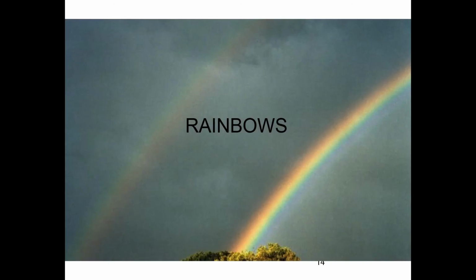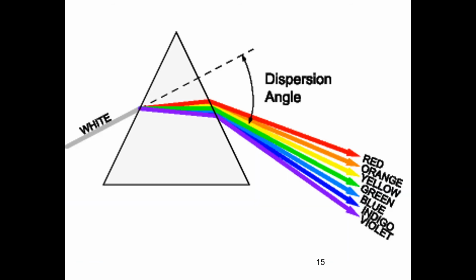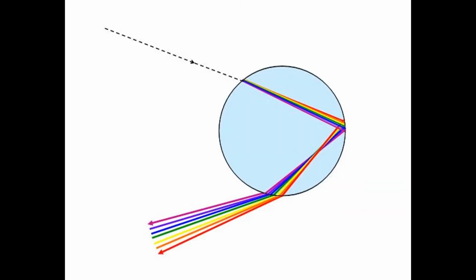Okay, let's discuss rainbows. Recall that when white light goes through a prism, it separates into its constituent colors. By the way, this is caused by the different wavelengths of light, that is, the different colors, refracting at slightly different angles. After it rains, small water droplets are suspended in the air.